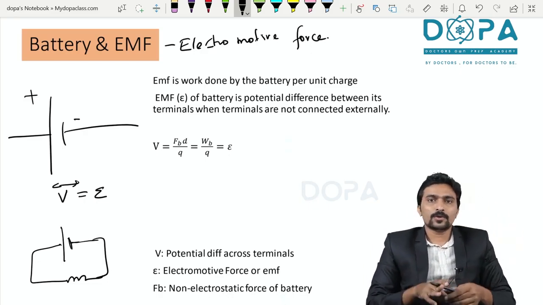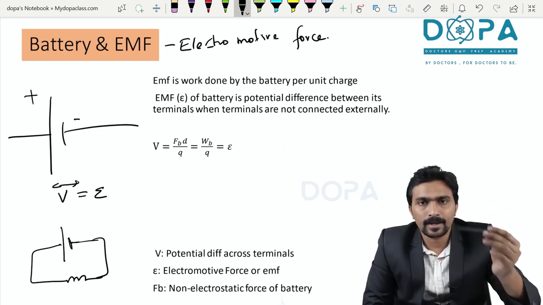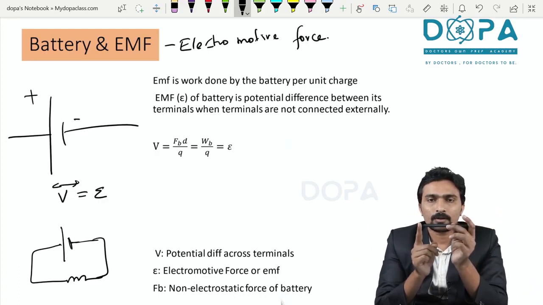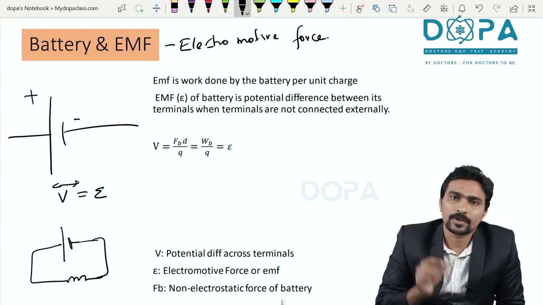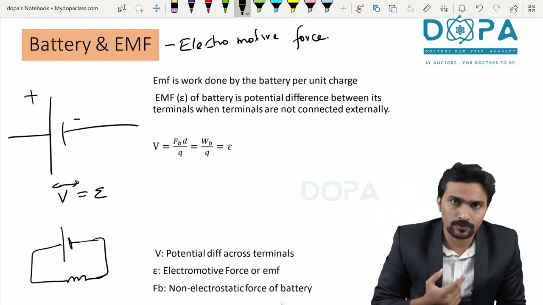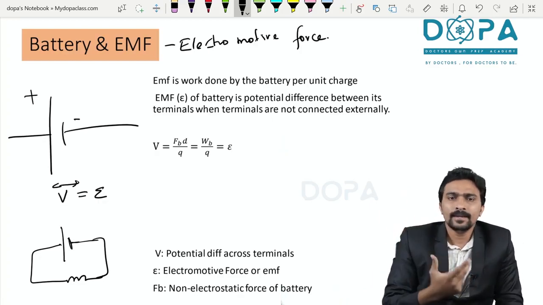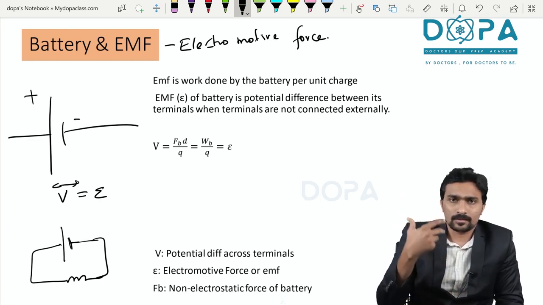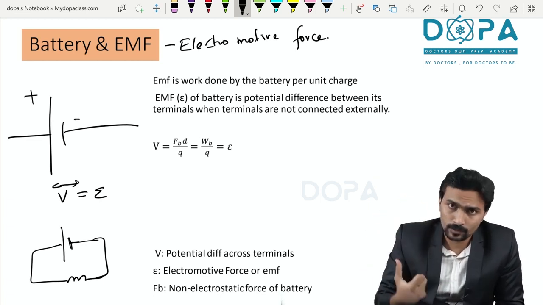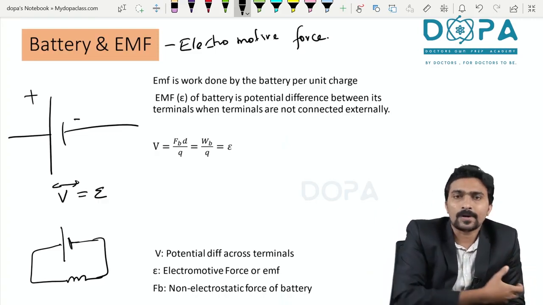So when you keep the battery alone without connection to external components, the voltage across the terminals is known as the EMF, electromotive force. Why do we call it a force even though it is not a force? It's because it is the driving force. Not technically a force, but it is the driving force that takes electrons from one point to another.